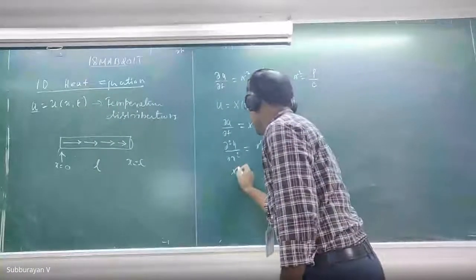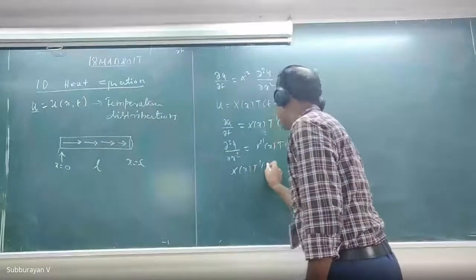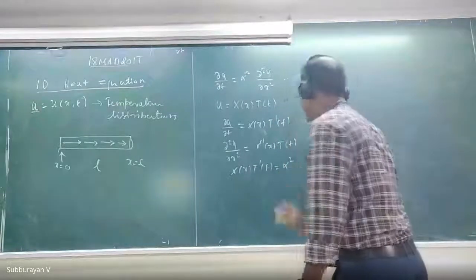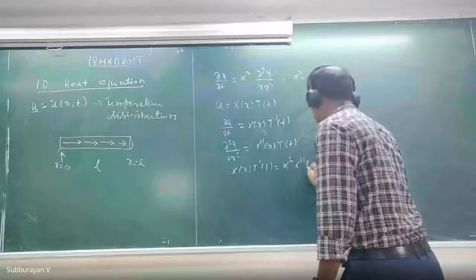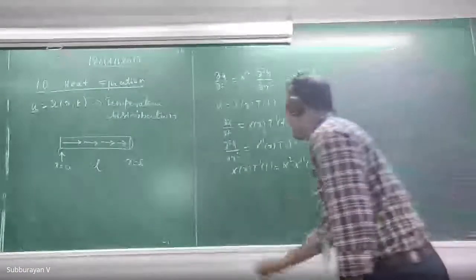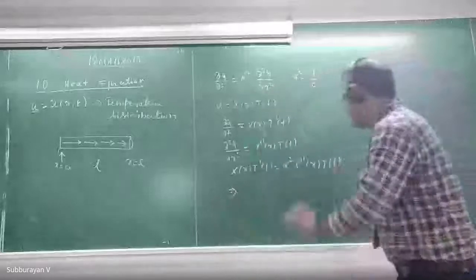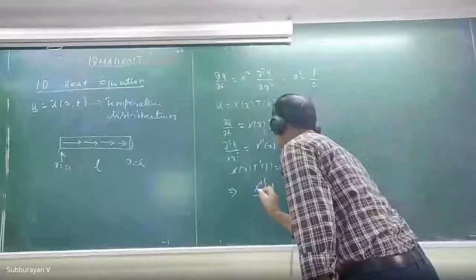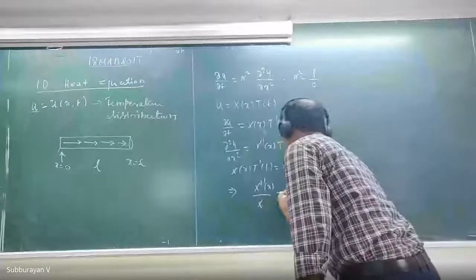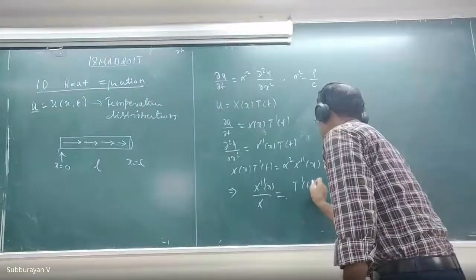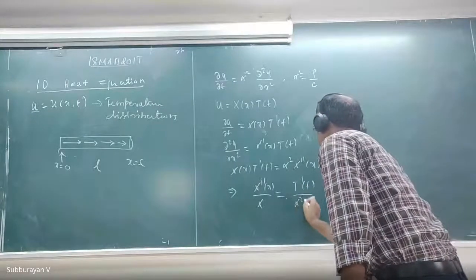That is X(x) into T'(t) equal to alpha squared into X''(x) into T(t). Okay, fine. Therefore, I can rearrange this equation as X''(x)/X(x) equal to T'(t)/(alpha squared into T(t)).